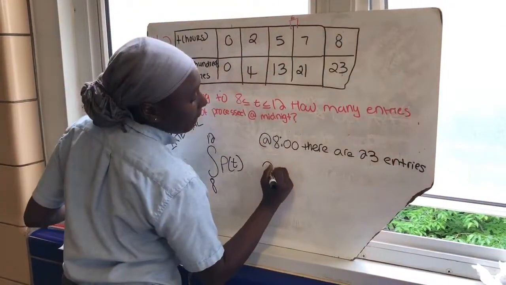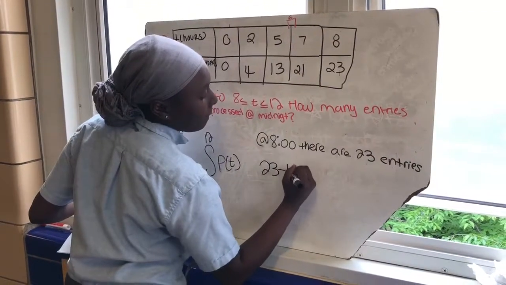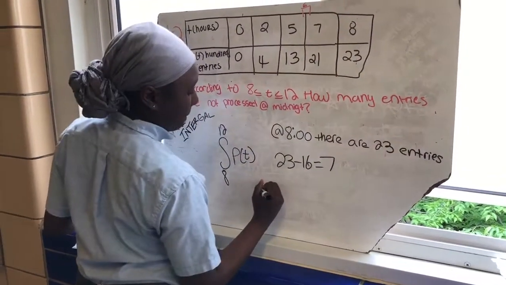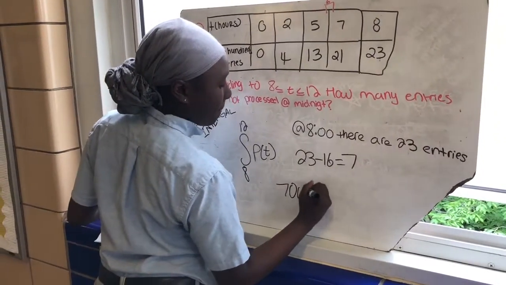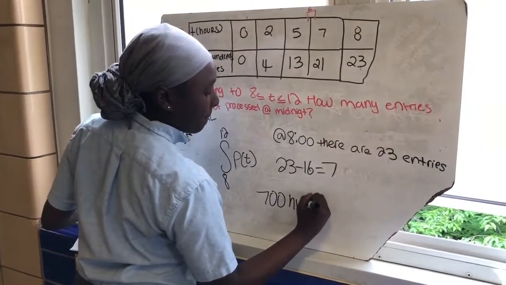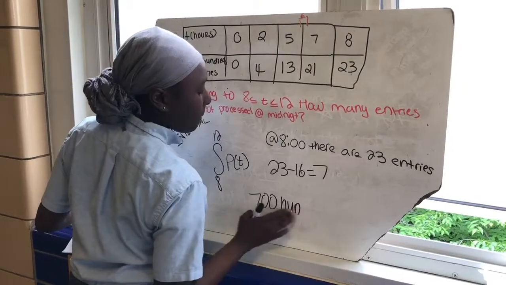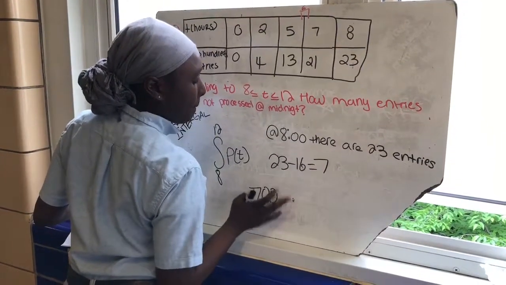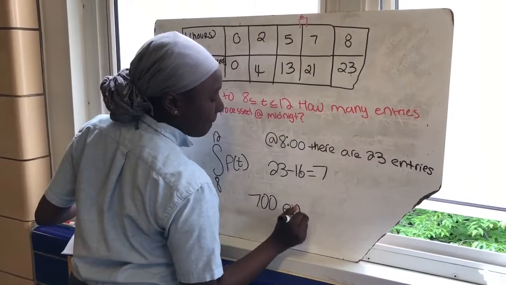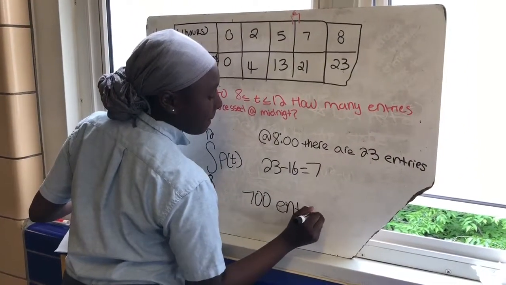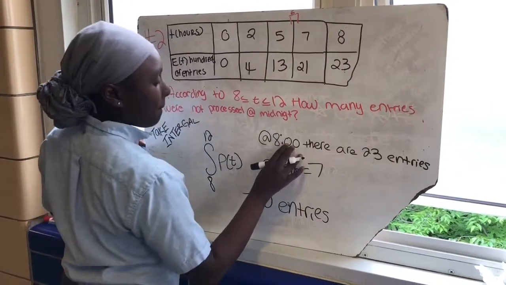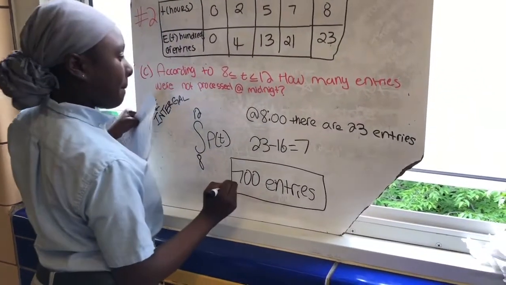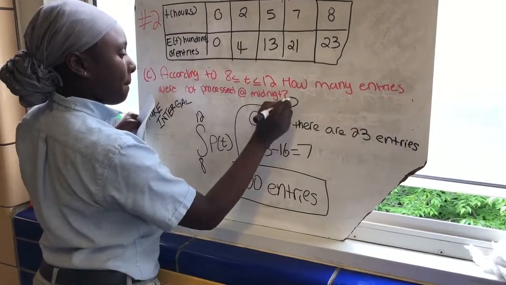You know that there were 23 entries at 8 p.m., as you can see in the table. So you take how many entries there were and how many had been processed, and you subtract them from each other, which will give you how many had not been processed yet.